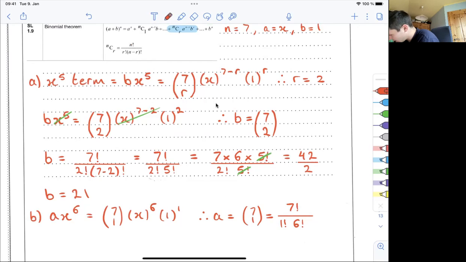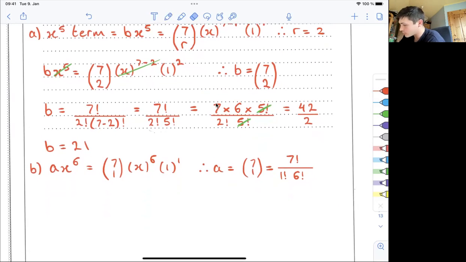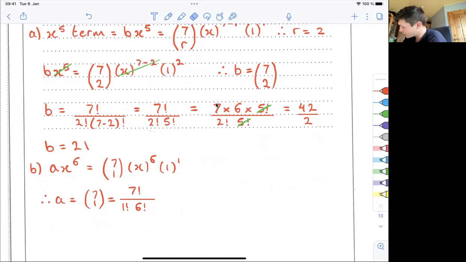So 7 factorial over 1 factorial multiplied by 7 minus 1 factorial, which we should put in as 6 factorial. Okay, and then using a similar idea as before, this is going to be the same as doing 7 times 6 factorial.